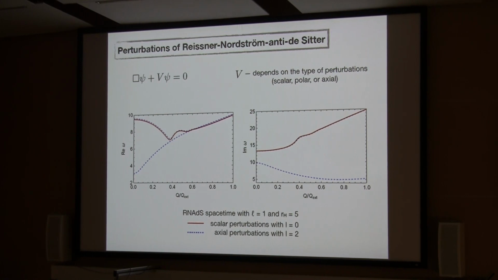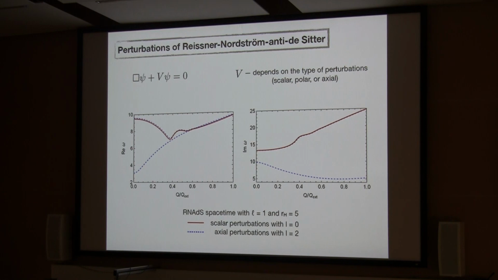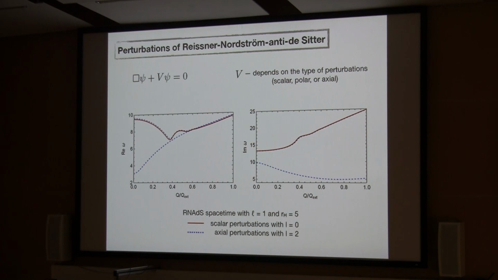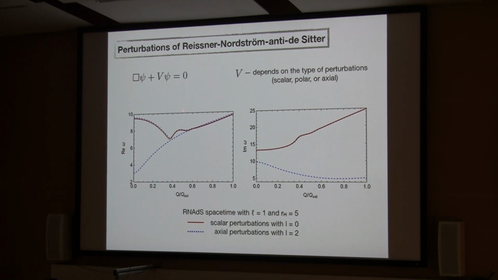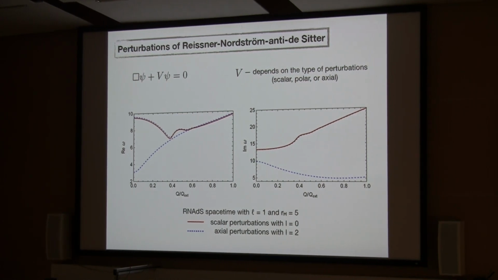And in the end, of course, I started with the work by Berti and Kokkotas, when they were investigating the perturbations of Reissner-Nordström-anti-de Sitter, but I was speaking mostly about the conformally invariant scalar equation. However, one can use all of these things I have been talking about to study more complicated perturbations just by using the same methods for the following equation, where V is a potential depending on what type of perturbations I'm interested in.